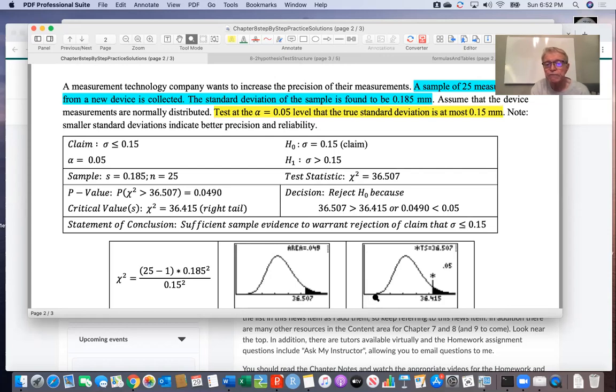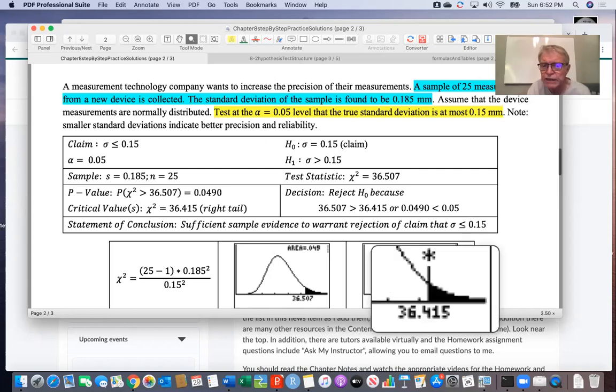Remember, it starts at 0. The mean is the sample size minus 1, which in this case would be 24. And we plot the critical value that we found, 36.415. And the area to the right, since it's a right-tailed test, is going to be equal to alpha, which in this case is 0.05.